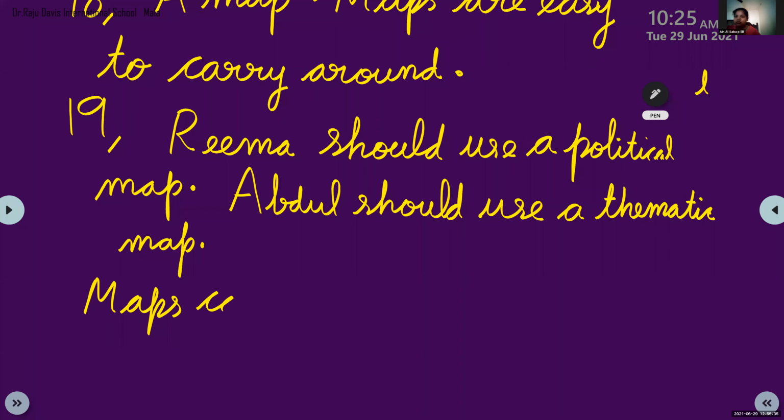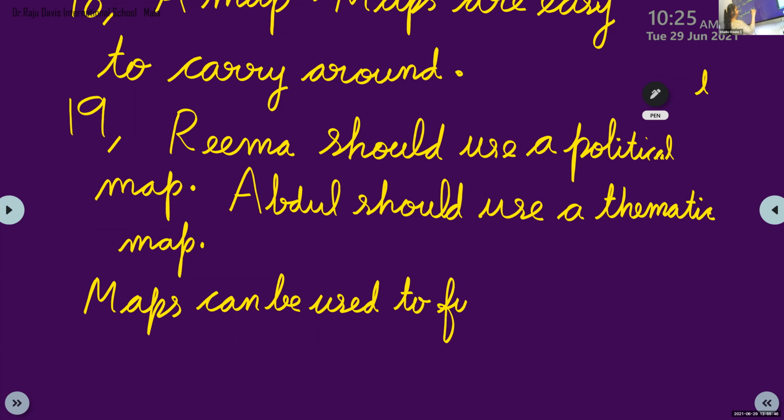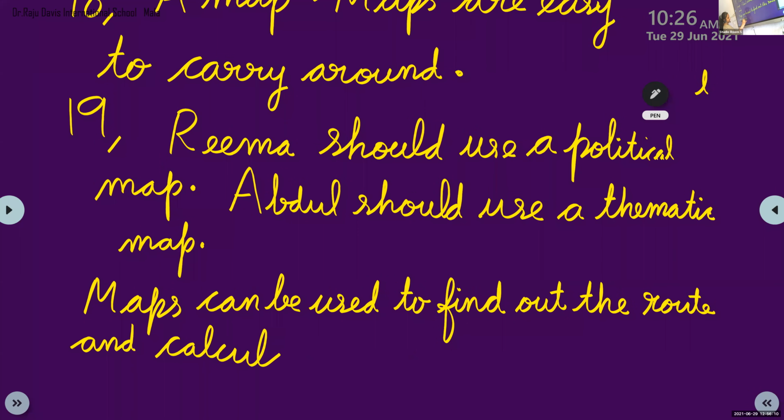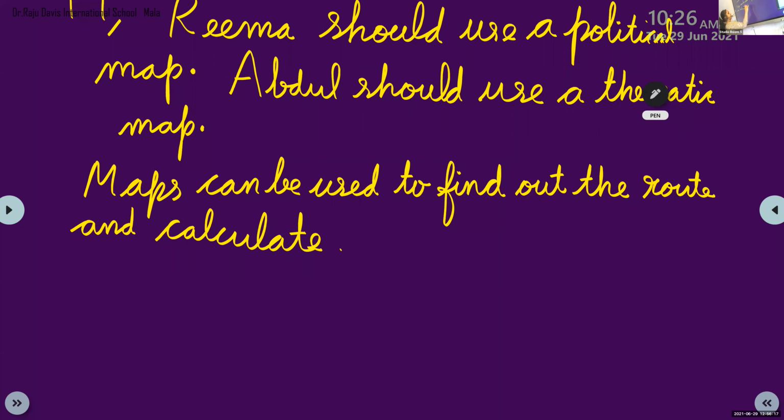Maps can be used to find out the route and calculate the journey time.